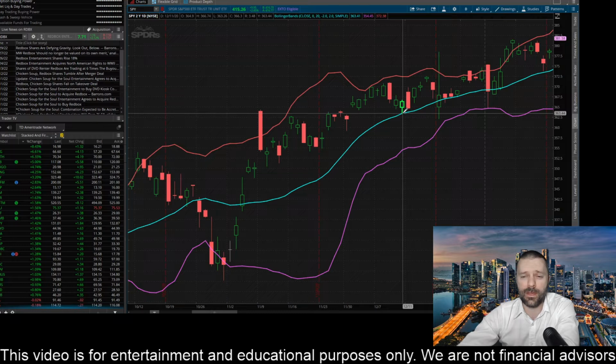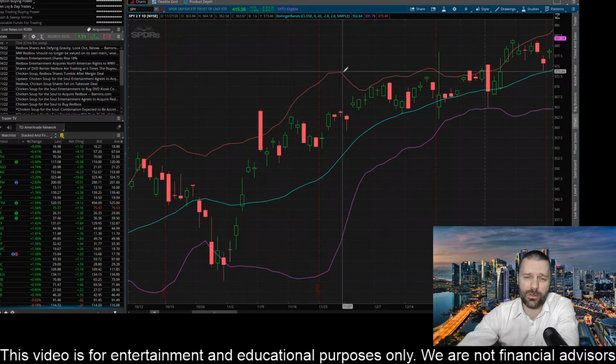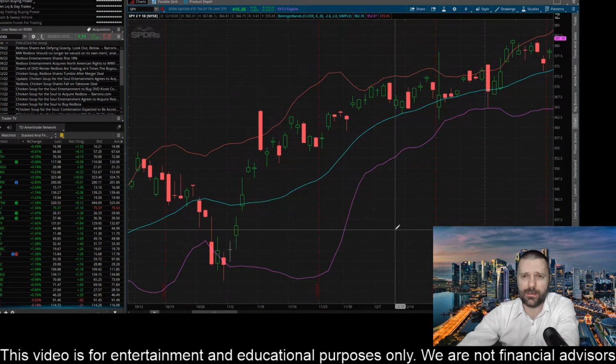You could think that it's maybe going to bounce at that point, and that's what happened. It rejected that level and it started to move higher. So you can definitely use this moving average in the middle, and also your 2 standard deviations to the top side and to the downside to help you make better trades.